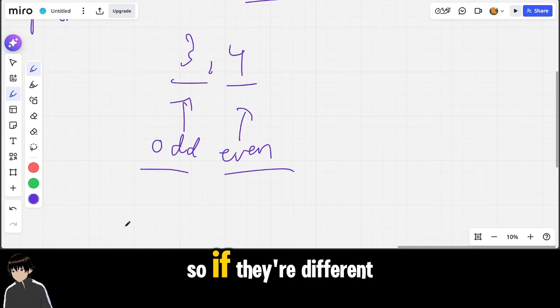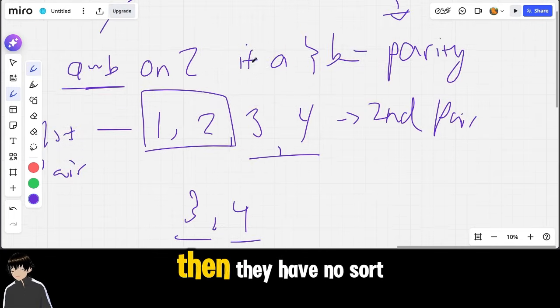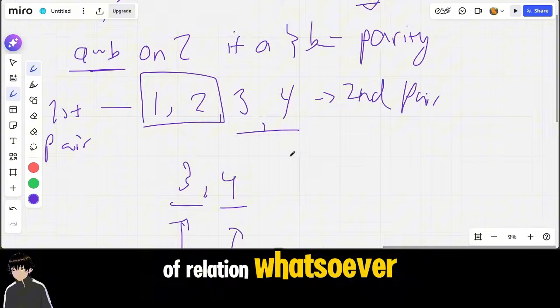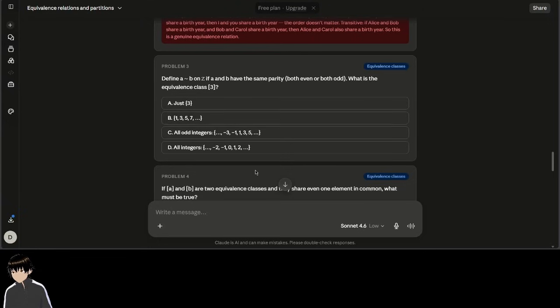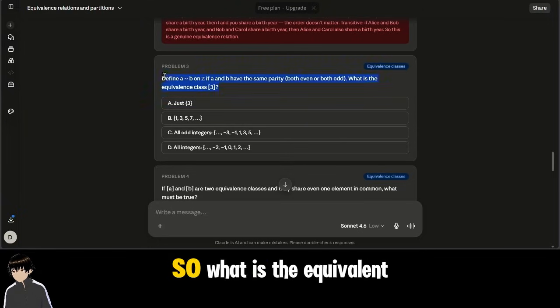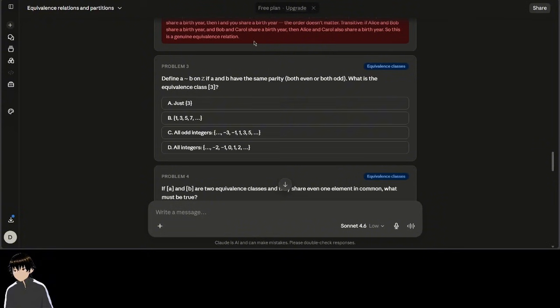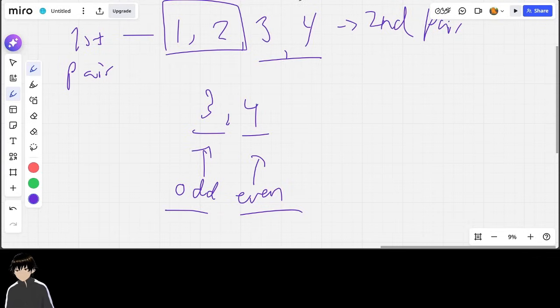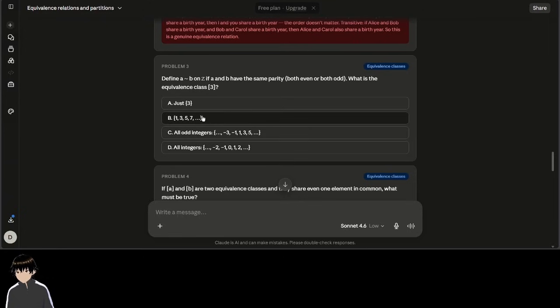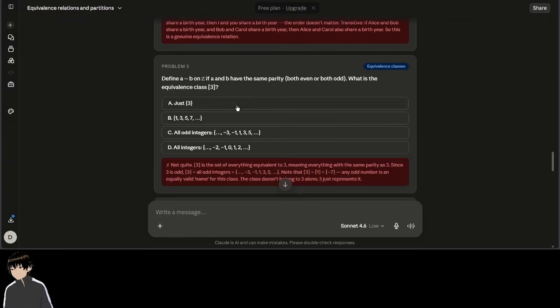So if they're different, then they have no relation whatsoever. So what is the equivalence class of 3? Just 3.